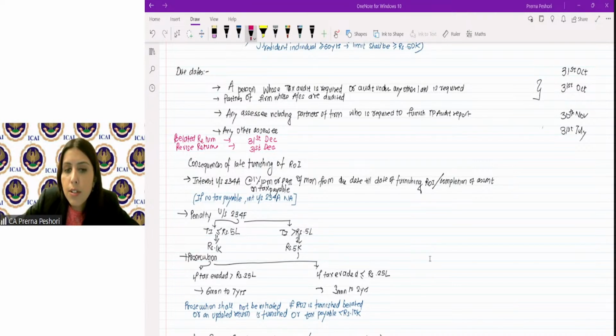Can belated return be revised? Belated returns cannot be revised. Yes, Namrata, political party, they have mandatory audit irrespective of income. Okay. So belated returns cannot be revised.